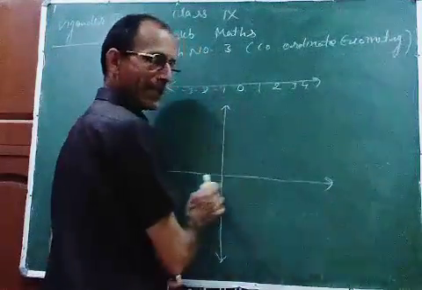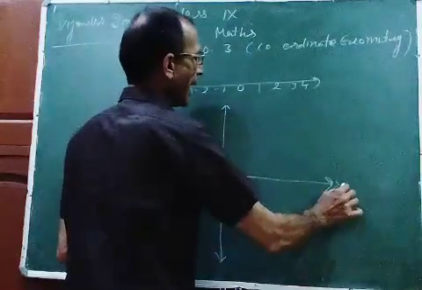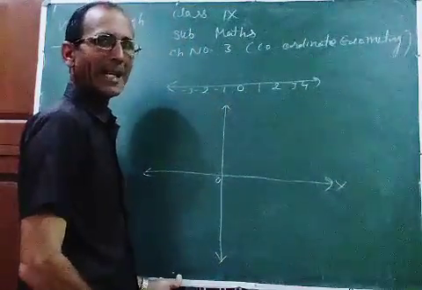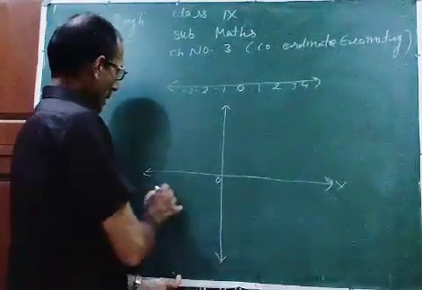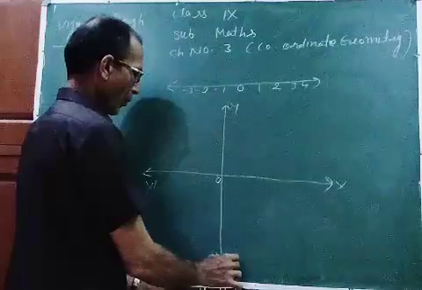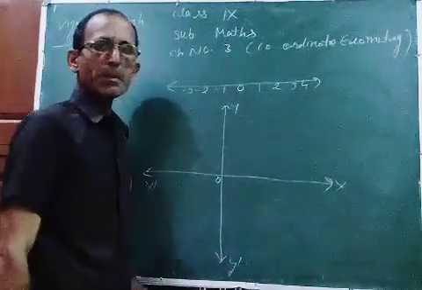So this is the Cartesian plane, this is the intersecting point and it is known as the origin. X axis, y axis.